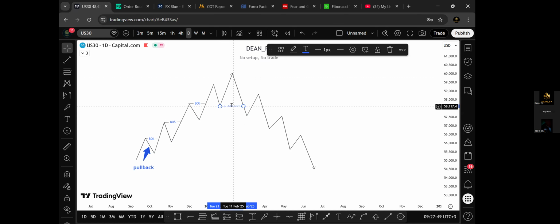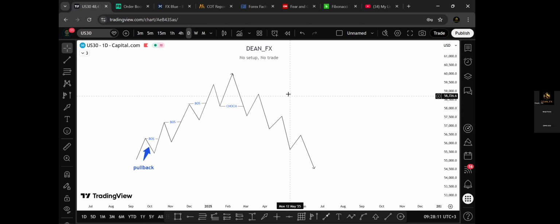Usually people call it the market structure shift, or change of character, but I'll use the SMC term, which is the CHOCH, the change of character, whereby we were in a bullish run and the market turned bearish after the higher low was broken, creating a lower low. Then another lower high, lower low, lower high.